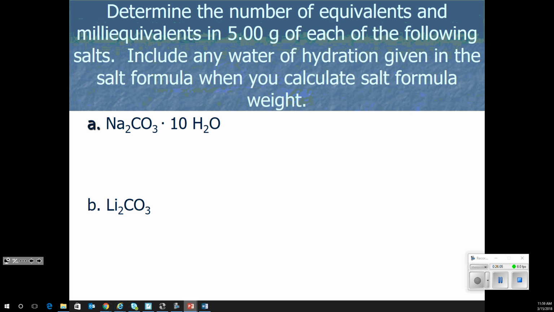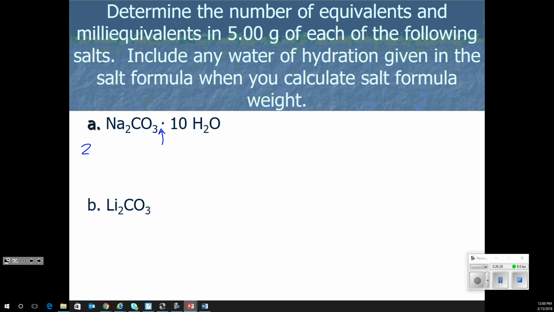Now what happens if they don't give me moles, but they give me grams? So we're going to determine the number of equivalents and milli-equivalents in 5 grams of each of the following salts. First thing I need to do is add up the salt. This is what you need to know. This dot does not mean times. That means it's attached like a balloon's attached. I still have to add it.